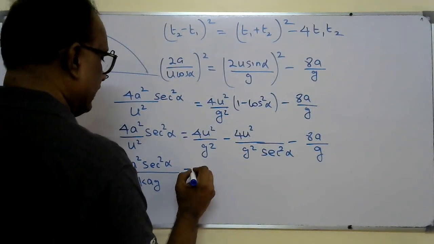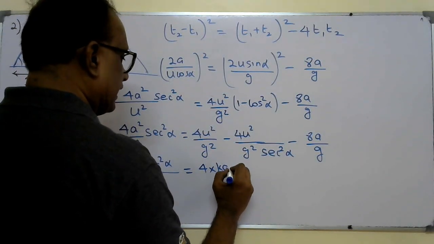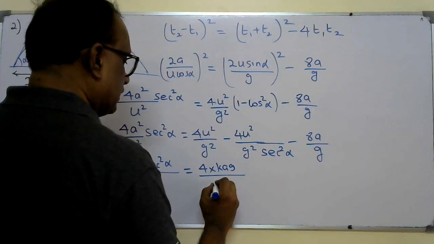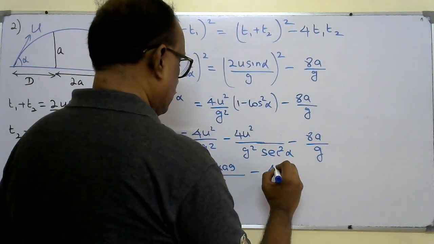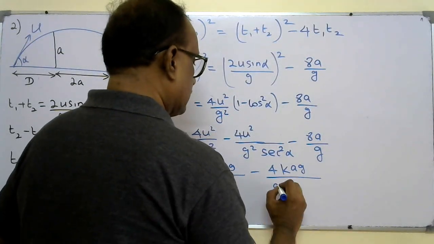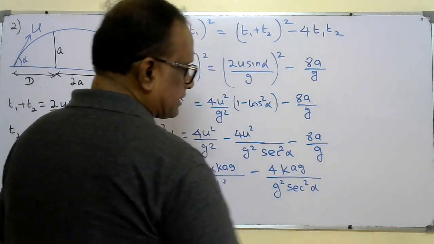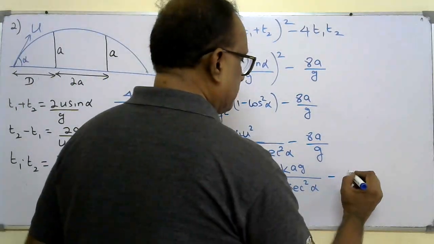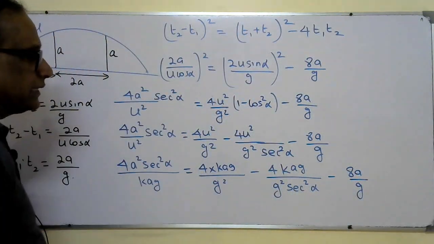We'll see that it equals 4 k a g over g squared minus 4 k a g over g squared sec squared alpha minus 8a over g.